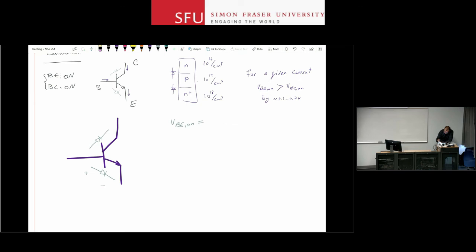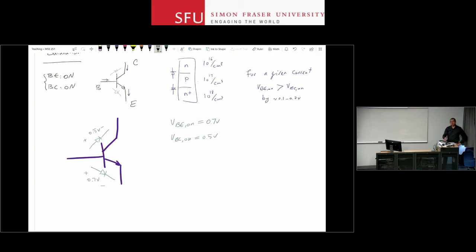Let's look at it a bit differently. So I say VBE on is, let's say, 0.7 volts, and VBC on is 0.5 volts. If that is the case, and I put this device in active region, then I have plus and minus 0.5 volts here, plus and minus 0.7 volts here.